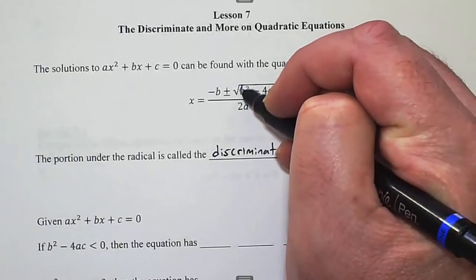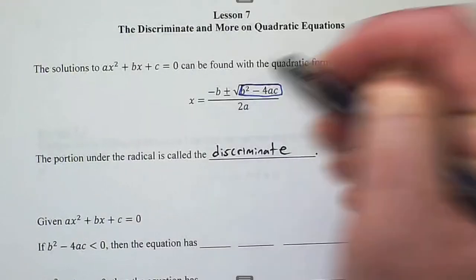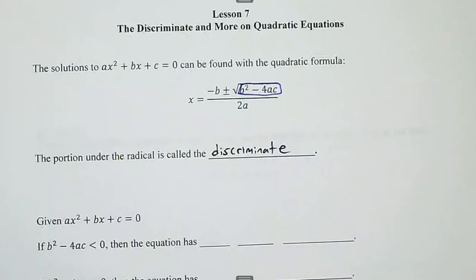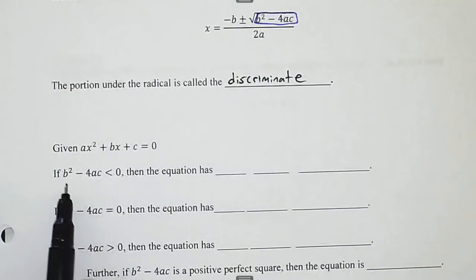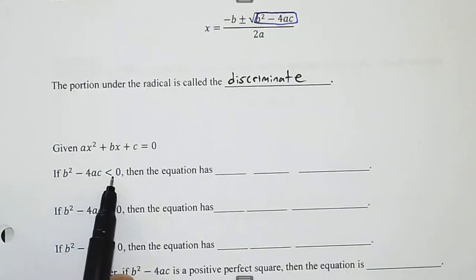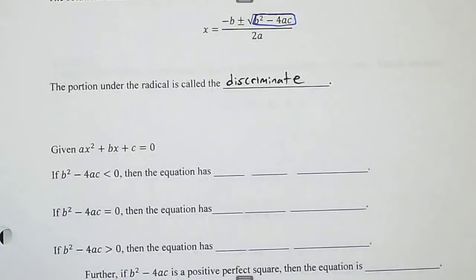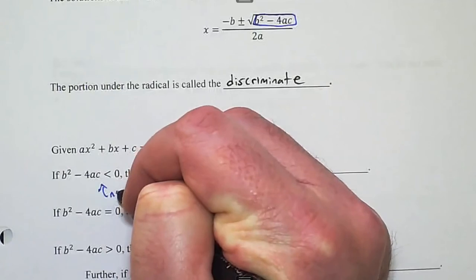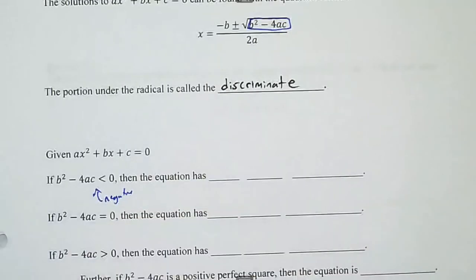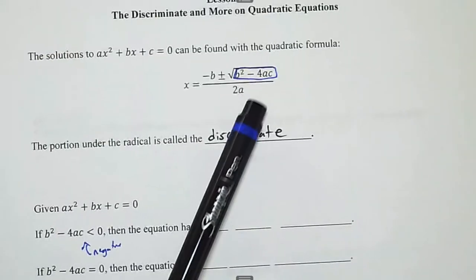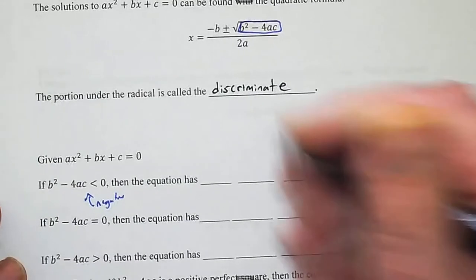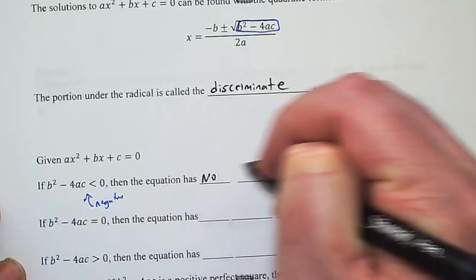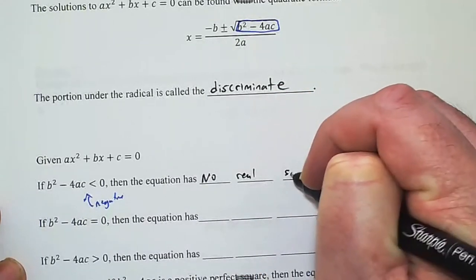So it's this that has all the power to determine whether or not I have a solution. And so therefore we say that if b squared minus 4ac is a negative number, that means negative, will I have any solutions? No. Then we'll have no real solutions.